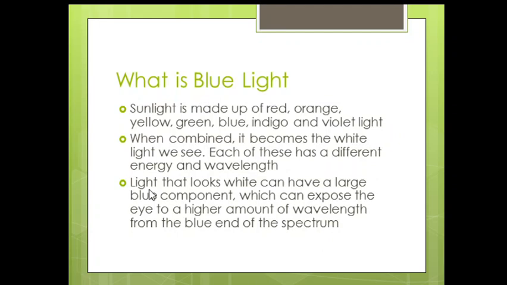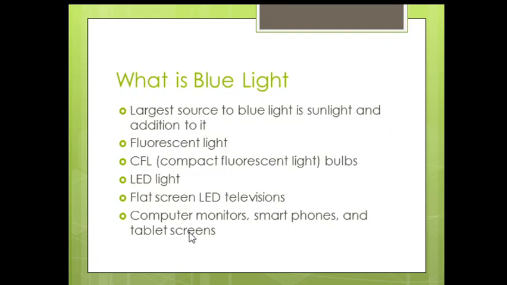Each of these has a different energy and wavelength. Light that looks white can have a large blue component, which can expose the eye to a higher amount of wavelength from the blue end of the spectrum. The largest and major source of blue light is sunlight.